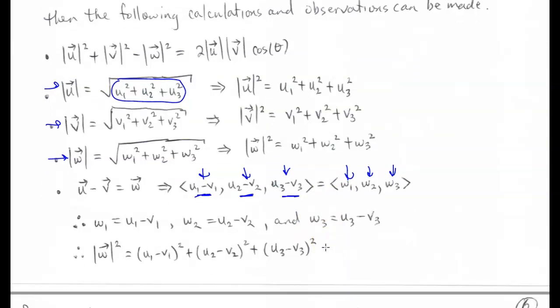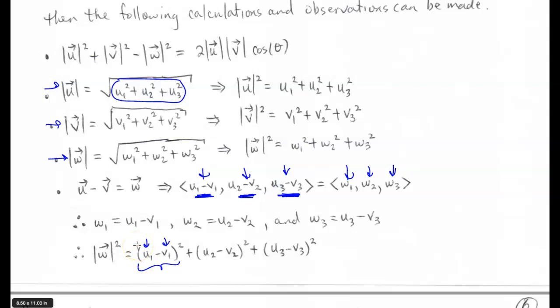Thus, the magnitude of w squared is just going to be all of these components that we see here squared. Since these are actual scalar values, if we knew what u1 and v1 were, we could just subtract them and then square.